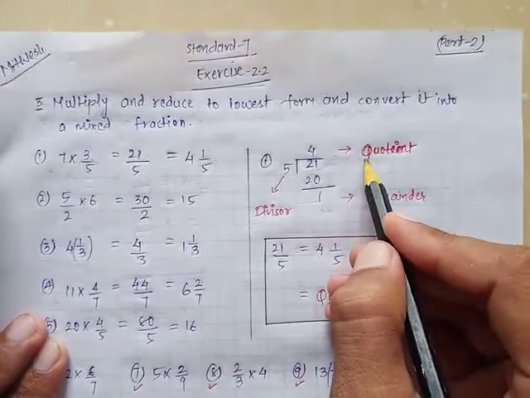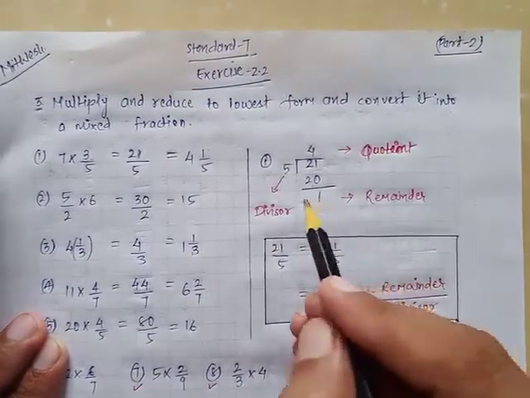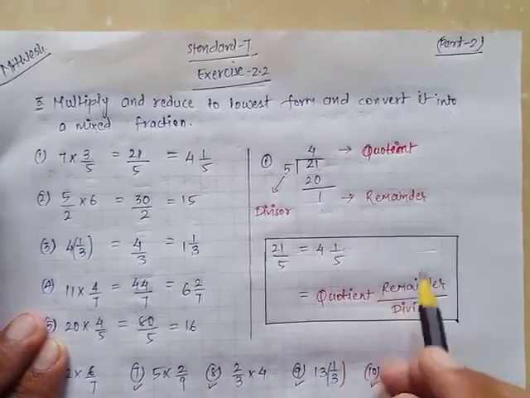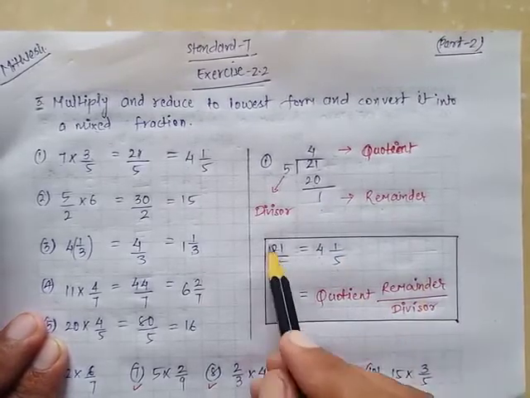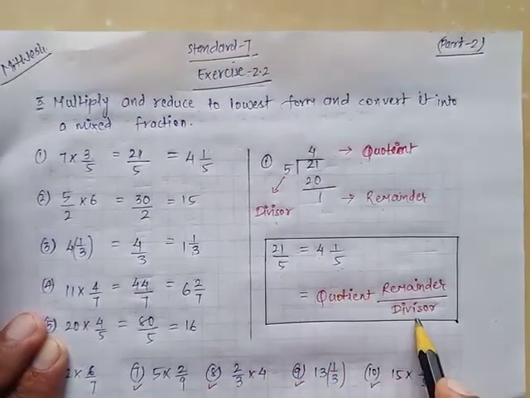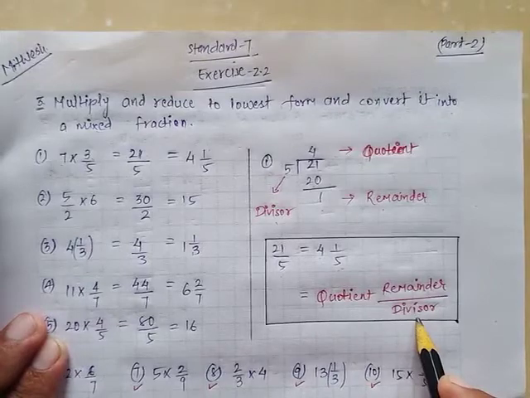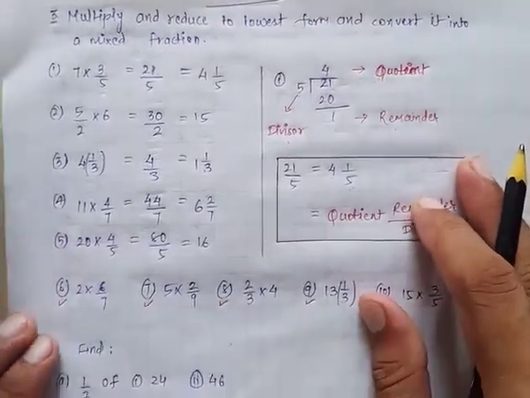This is the quotient, so we write it as the integer. What is 1? It is the remainder. We write the remainder in the numerator, and the divisor at the denominator, in the lower part.